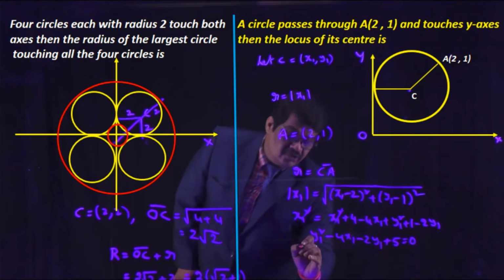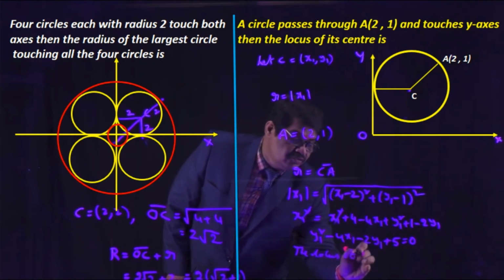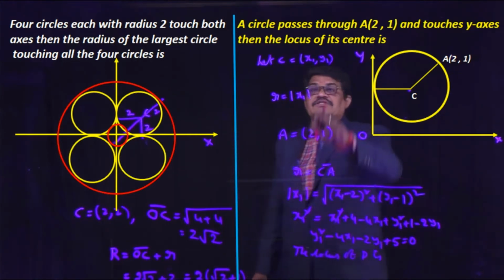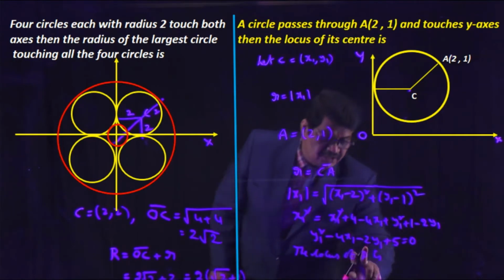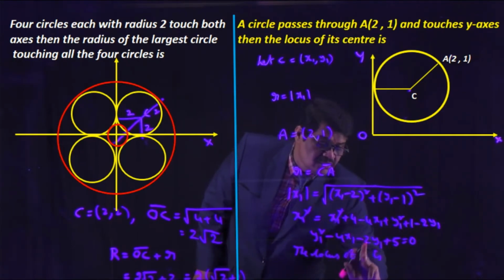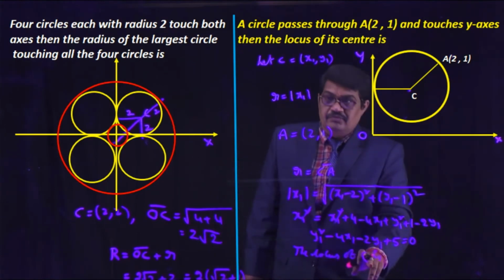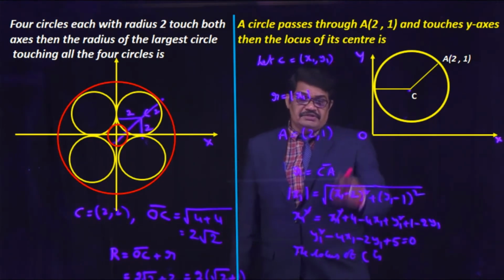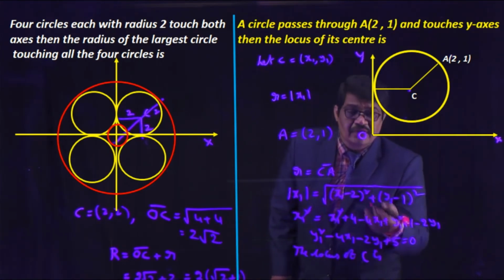Therefore, we want the locus of the center C. Here C is (x1, y1). Now we find the locus of the center C by replacing x1 with x and y1 with y.